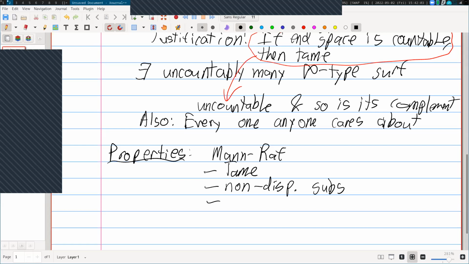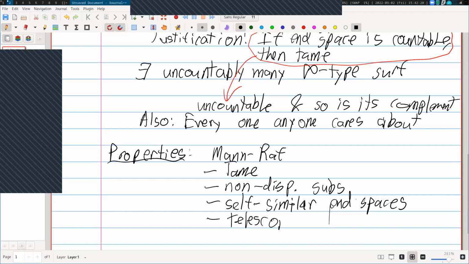We can ask about self-similar end spaces, which I think Elizabeth talked about a bunch. We can also think about telescoping end spaces, which is another thing that's sort of like self-similar, but there's two of them.